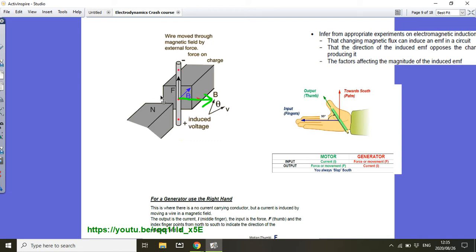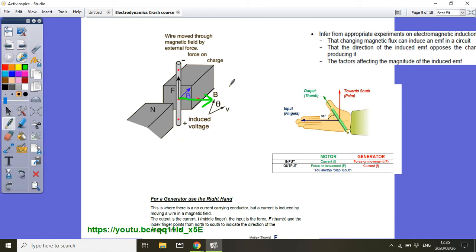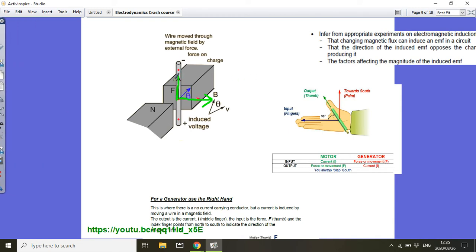So you will see that the magnetic field is going this way, and therefore the electron, or the conventional current, is going to be in this direction. You could have used your left-hand rule as well, but remember, for generators, we use a right hand. For Faraday's law, you're still going to use FBI. B is from north to south.